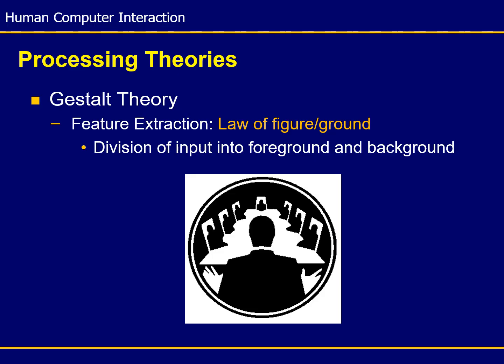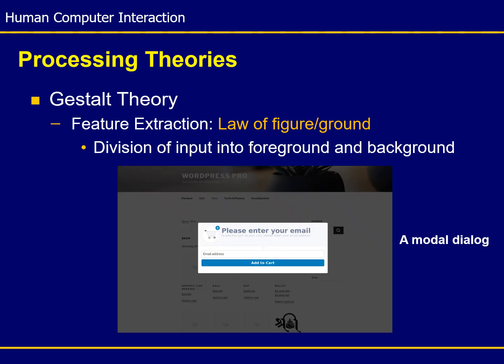In other words, if you would like to invoke the gestalt, you have to reorganize the scene so that this gestalt is actually invoked. So whenever you would like to tunnel the user's attention to a specific item on the screen, you have to organize it as figure versus ground, or background versus foreground. This is an example of that. When the user is requested to enter his email, there are 2 ways you can do it.